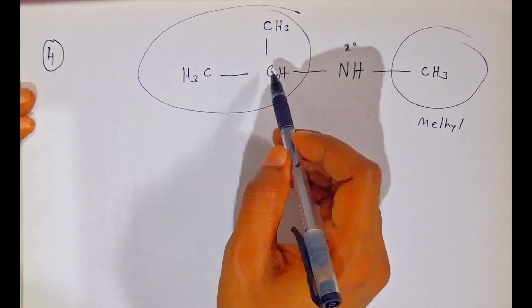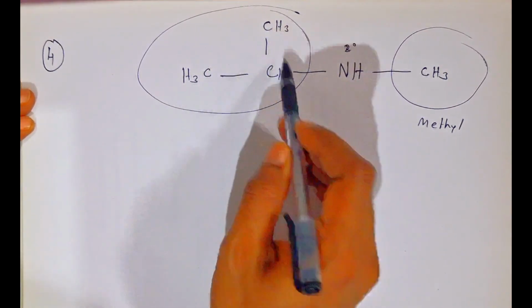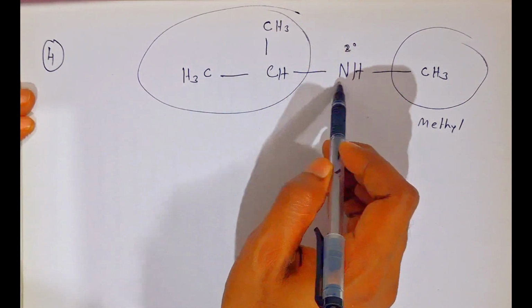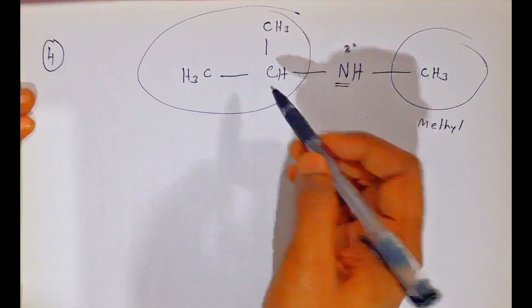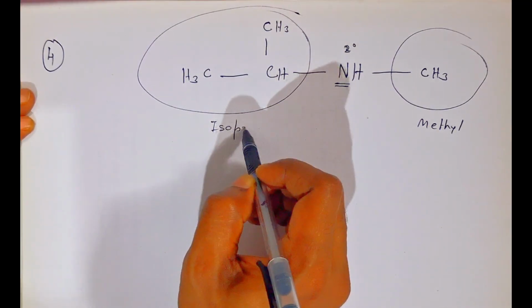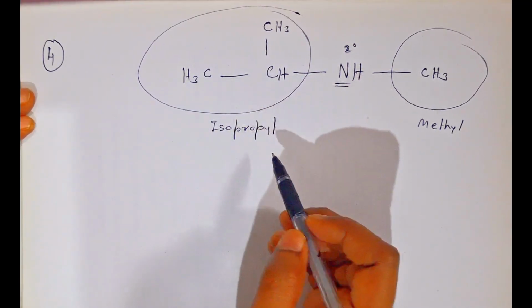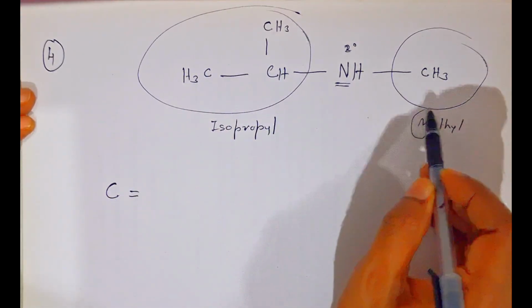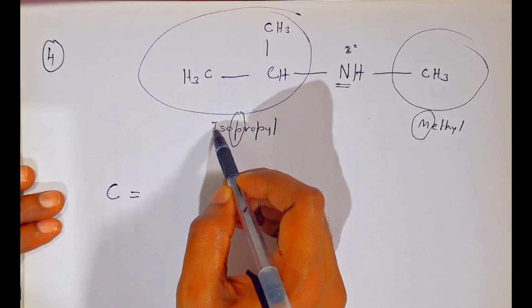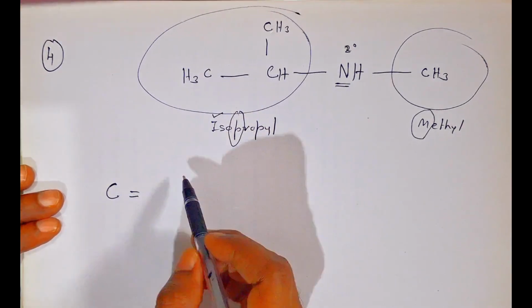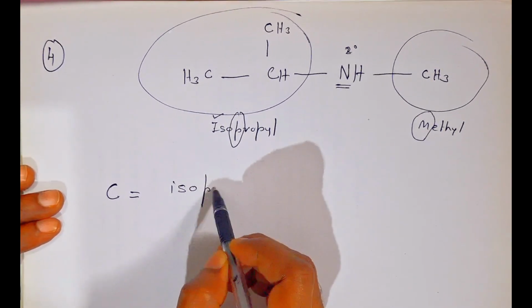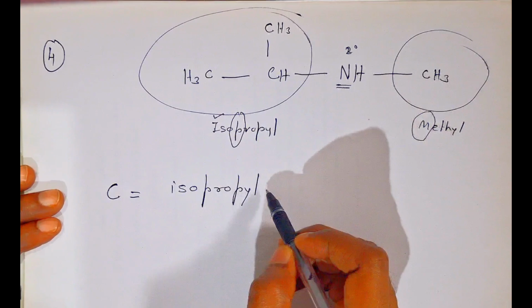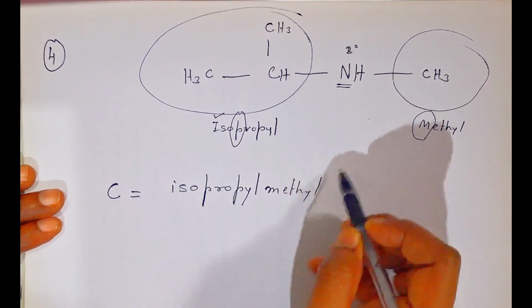And this is which type of alkyl? This contains 3 carbons, but the amine is attached at carbon number 2, so we call it isopropyl. Okay students, again, what will be the common name? You have to see the alphabetical order, I and M. So here I is important, so we call it isopropyl methylamine.